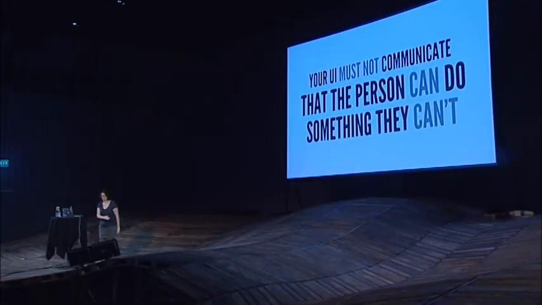So your UI must communicate what the person can do, but this isn't as important, again, as your UI must not communicate that the person can do something they can't, because that would be extremely frustrating. So it's vital that a UI reflect what the capabilities are and don't give the wrong impression, because that would be poor UX.